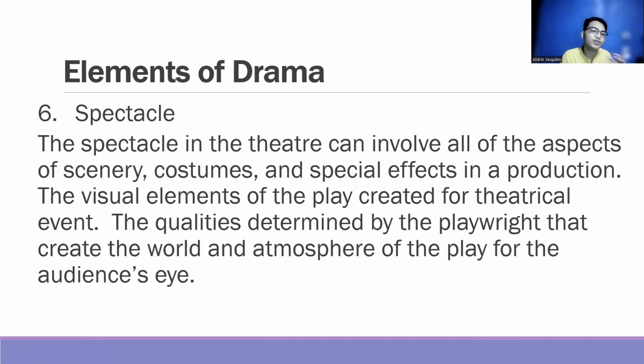So those are the spectacle. So the qualities determined by the playwright that create the world and atmosphere of the play for the audience eyes. So spectacle helps the drama to become more realistic and appealing on the eyes of our audience.